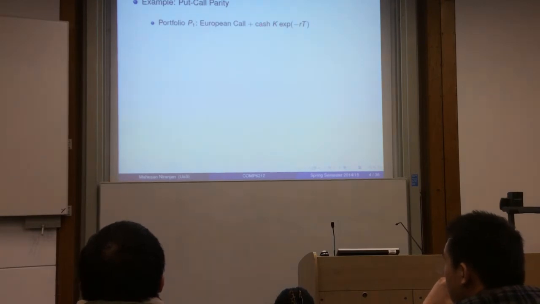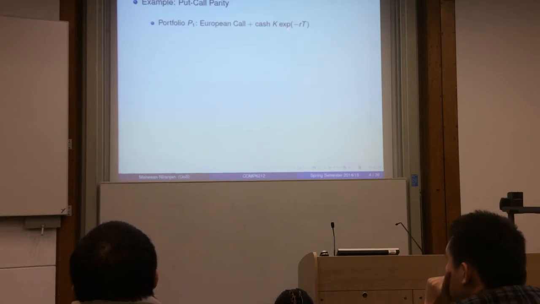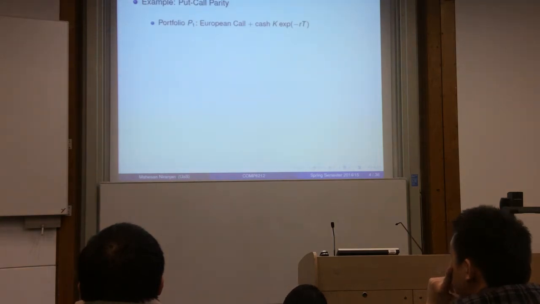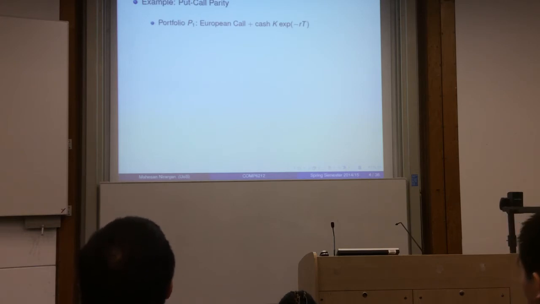I have bought from someone a call option, and I have some cash. And the cash I have is the strike price of that option, K, times e to the power minus rT, where T is the time I have to the maturity of that option. Okay? You can already guess that what I'm calculating here is the present value of that K should I hit that strike price. Okay? So I just construct this portfolio. Let's see how it behaves.